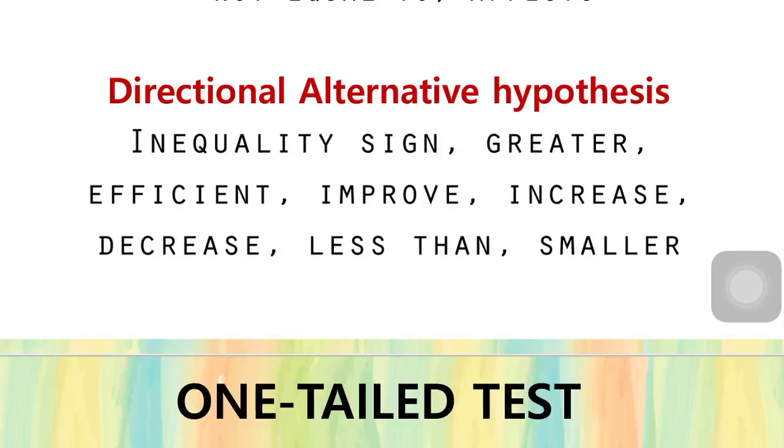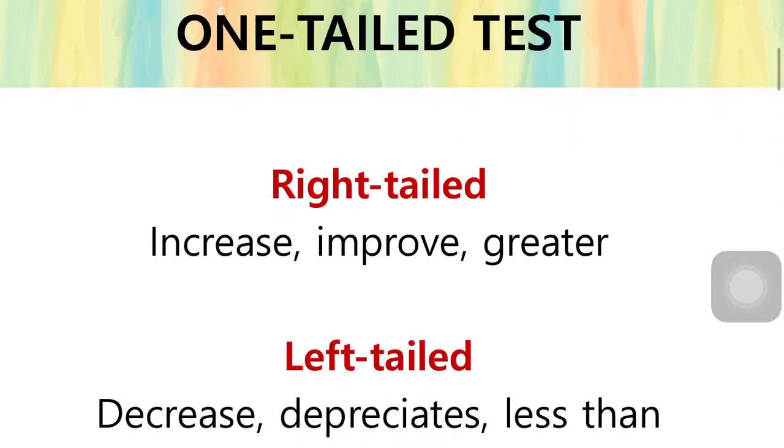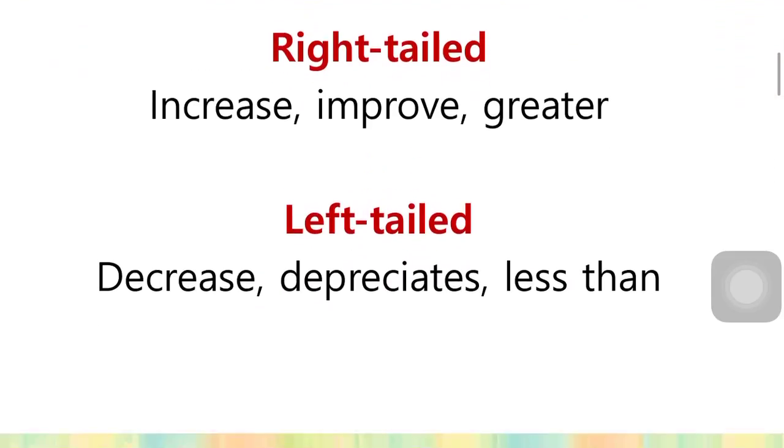You check the next examples whether the verb signals two-tailed or one-tailed. Again, there are two kinds of one-tailed tests. It can be right-tailed if its verb signals an increase, improve, or greater, or it can be left-tailed if the verb signals decrease, depreciates, and less than.